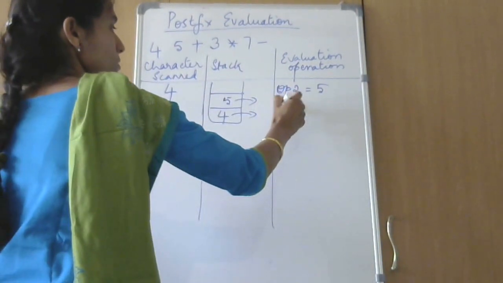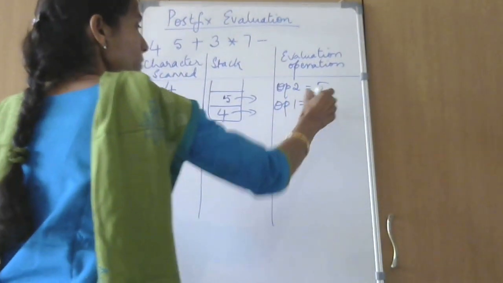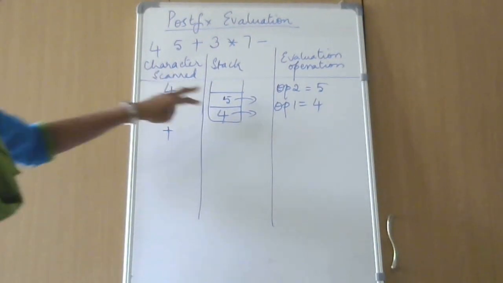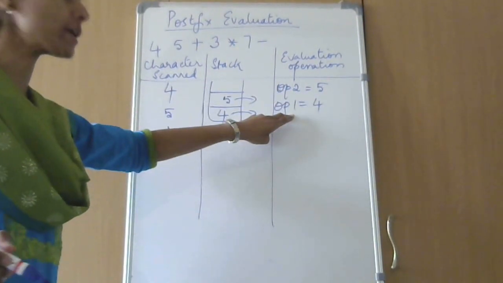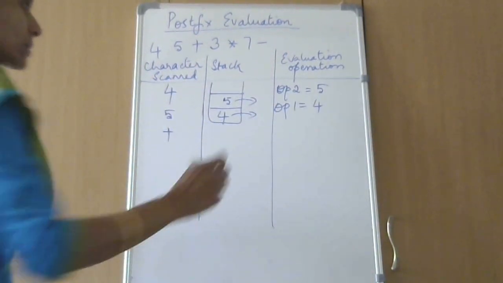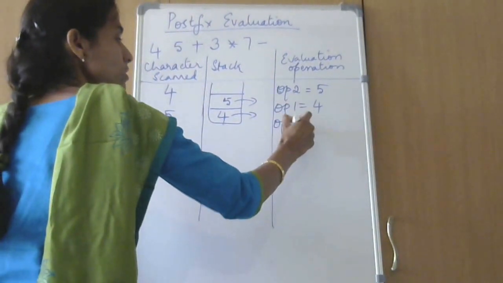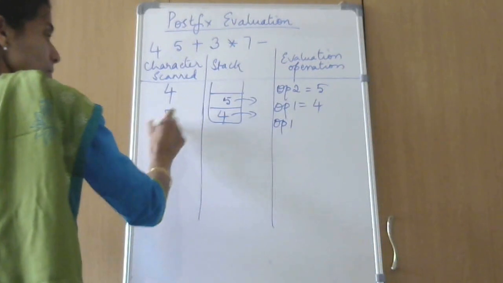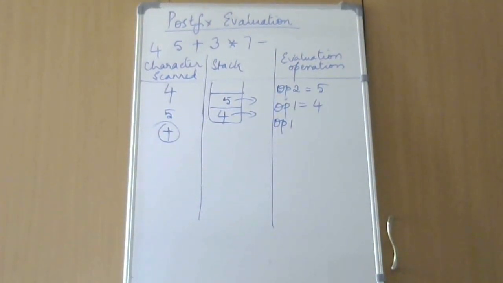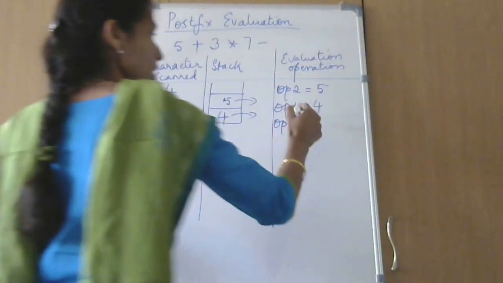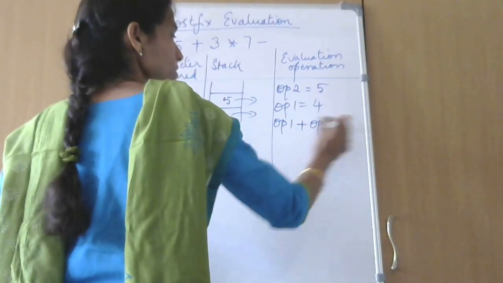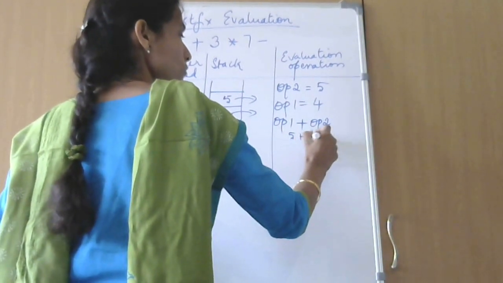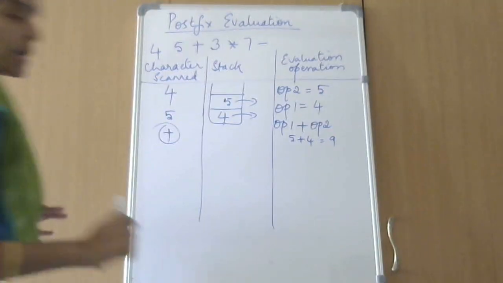So operand 1 is going to be 4. Now I perform the operation: operand 1 plus operand 2, that is 4 plus 5, we are going to get 9.